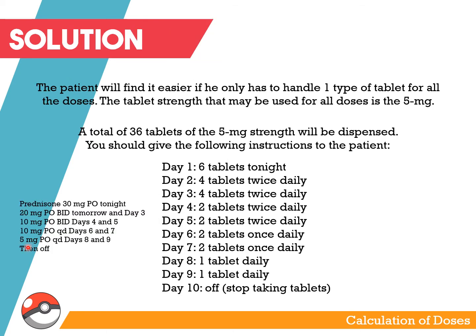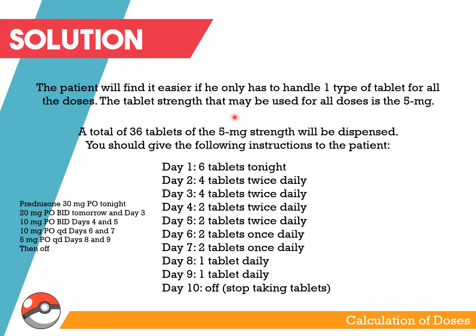The patient will find it easier if he only has to handle one type of tablet for all the doses. So given the instruction, what tablet strength should be used? The answer is 5 milligrams. Now, a total of 36 tablets of the 5 milligram strength will be dispensed.